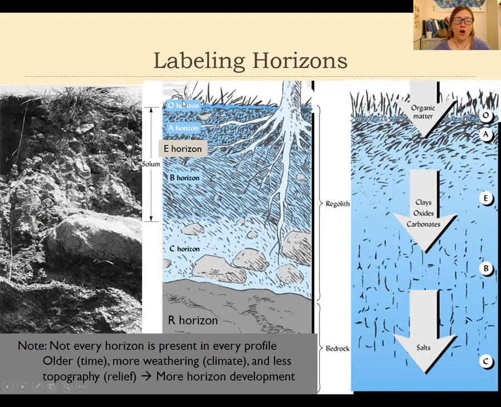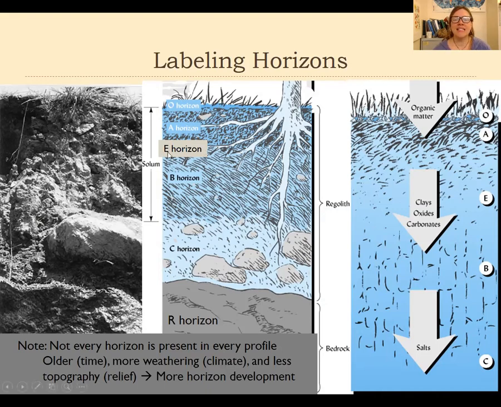There's often an O horizon on top of the A horizon, and that horizon is actually not considered to be part of what we call the true mineral soil. It's really just organic matter like litter and old leaves that have fallen and pine needles and bear poop and other things like that that might be sitting on the surface of the soil.